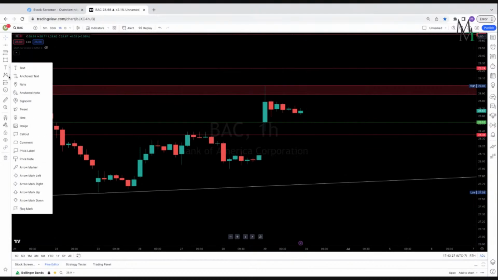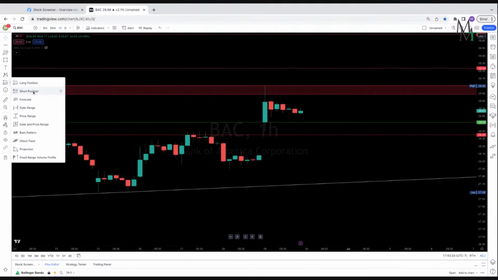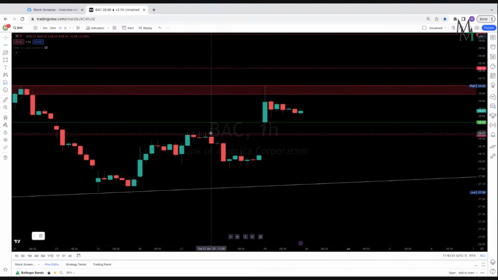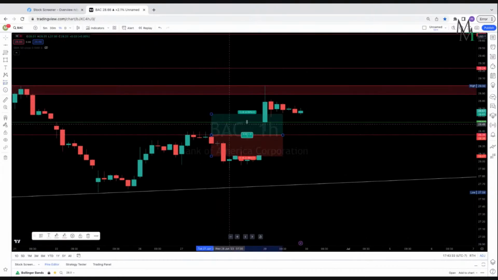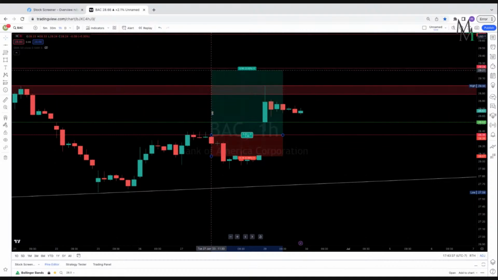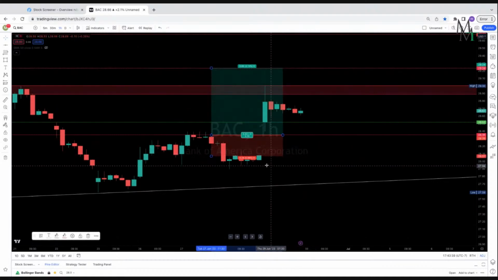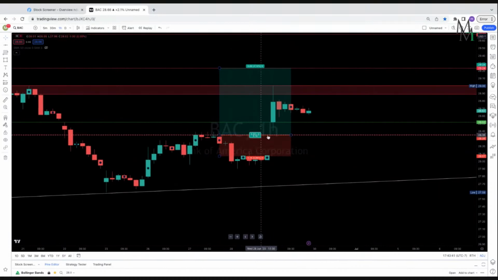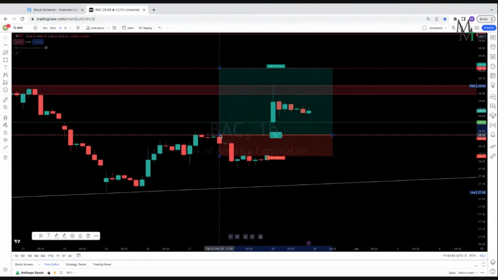Let me add something else so I can make it a little bit more visual for you guys. So what I'm doing is I'm adding a visual tool that will tell you what your risk management looks like.